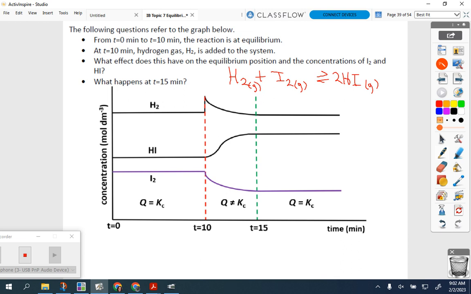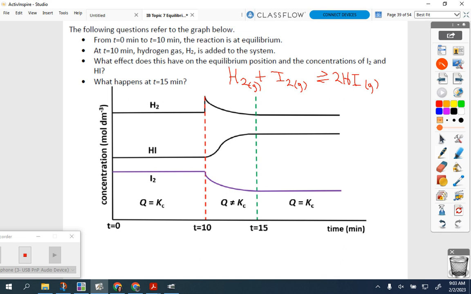What happens after we do that? Jacob. Right. The H2 immediately starts to slowly decrease, and the I2 also, even though we didn't put any I2 in or change the I2 directly, it also starts to decrease, and our HI starts to increase in concentration.